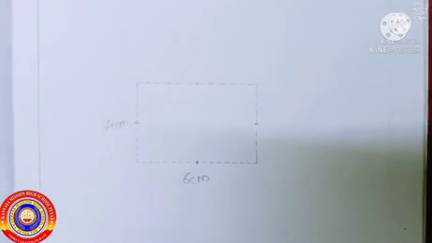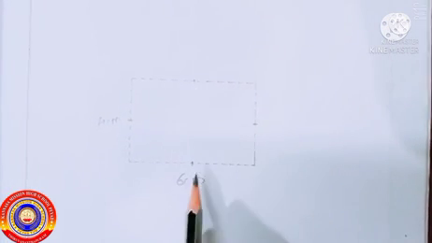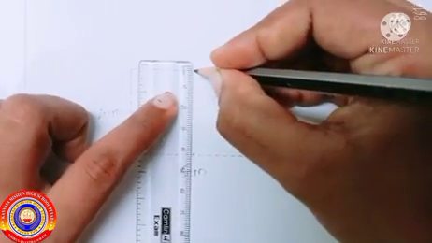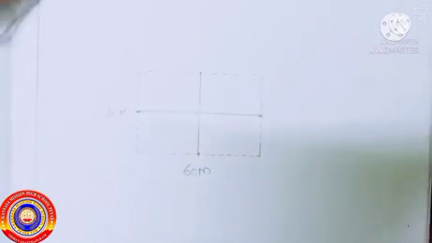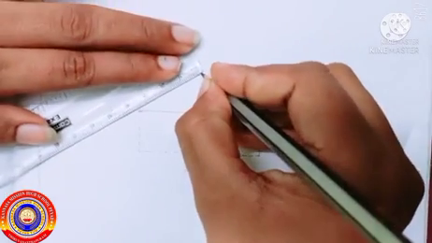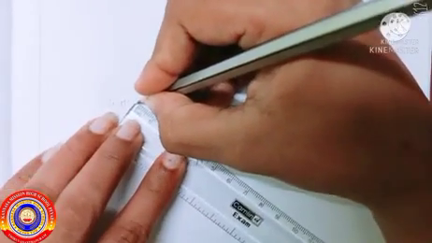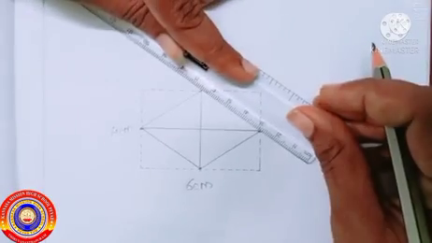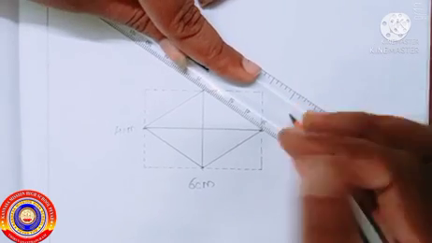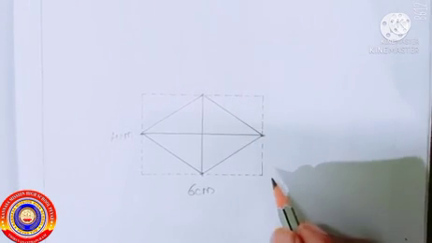Then mark the midpoint of each side and then join all these 4 points. Now we got the required rhombus.